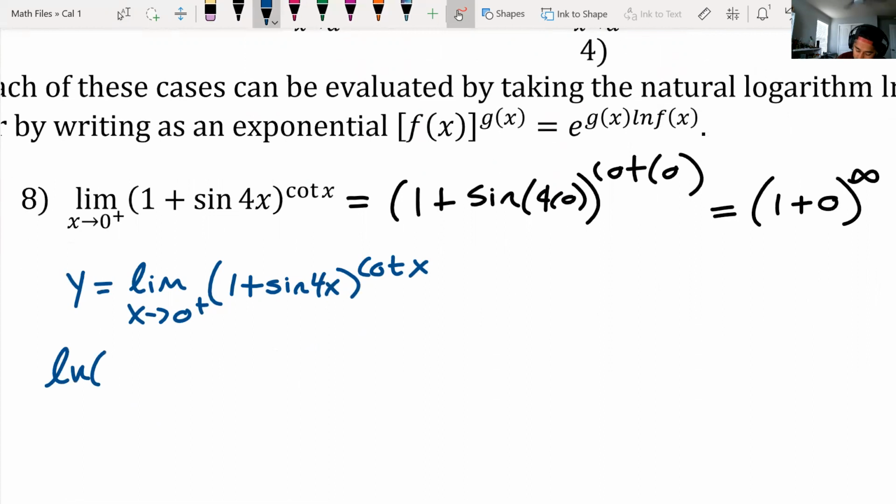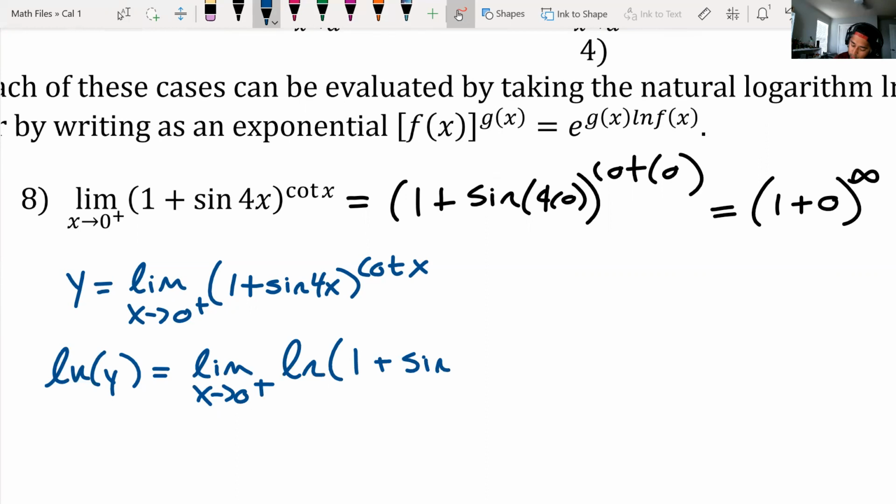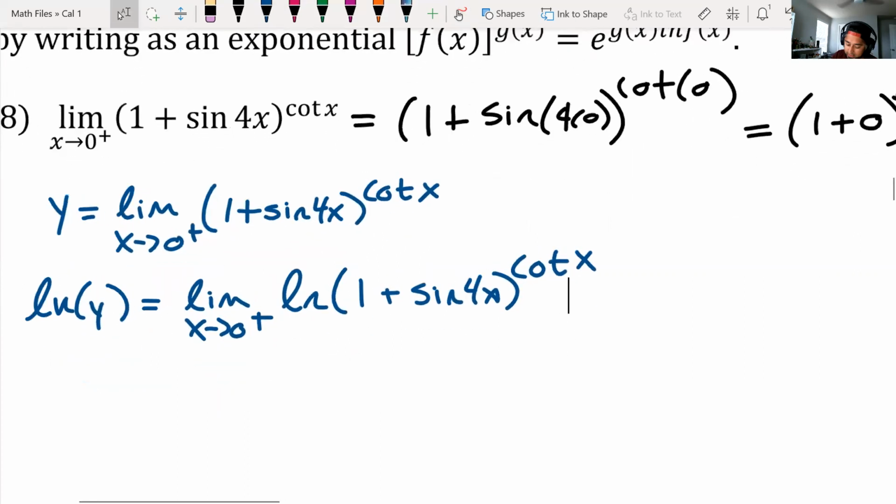So you'll get the natural log of y equal to the limit as x approaches 0 from the right of the natural log of 1 plus the sine of 4x raised to the cotangent of x. And once we apply those logs, we have a lot of cleaning up to do on the right side. So we leave the left side alone for now.